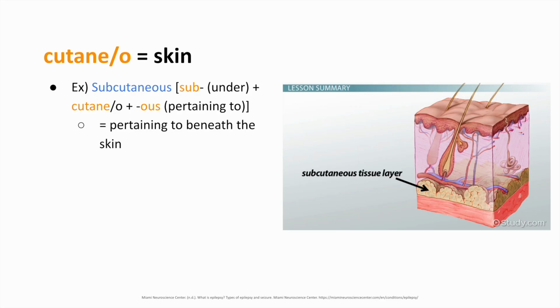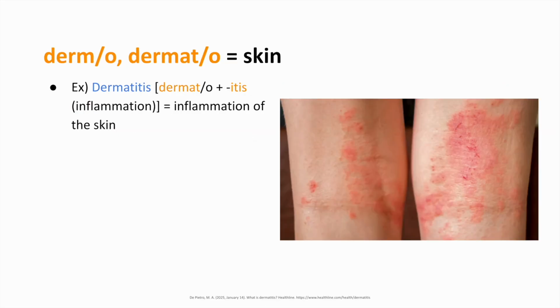So dermo or dermato is a combining form that means skin. So dermatitis: dermato plus the suffix -itis, inflammation. So basically an inflammation of the skin. It can happen for two reasons.